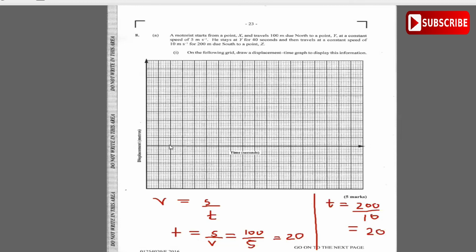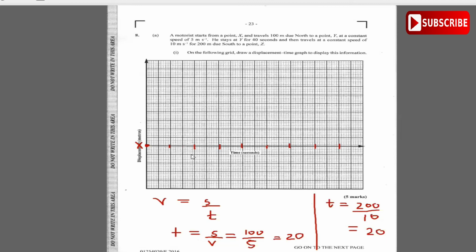So look how we're going to break it up. 10, 20, 30, 40, 50, 60, 70, 80. So it says that at first, he starts at the point X, we can call that point X. And he travels 100 meters from X at a constant speed of 5.